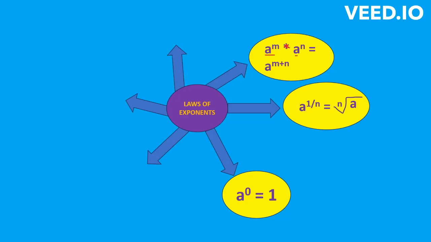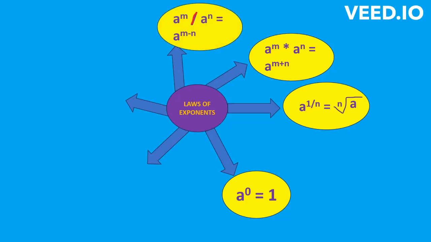We are multiplying two expressions. The base is the same, the exponents are different. So what do we do? We just keep the base just like that. We don't change it. We add the exponents. We have a power m divided by a power n is a power m minus n.